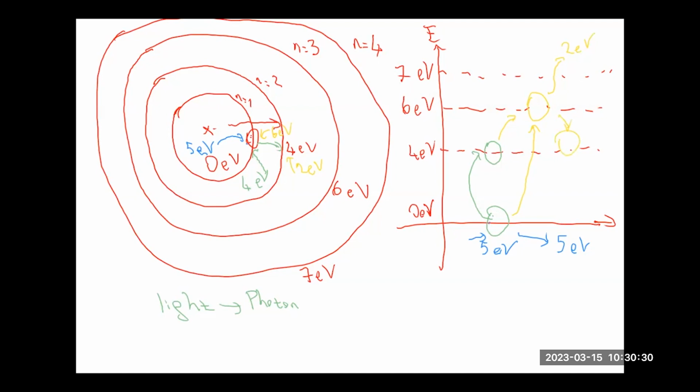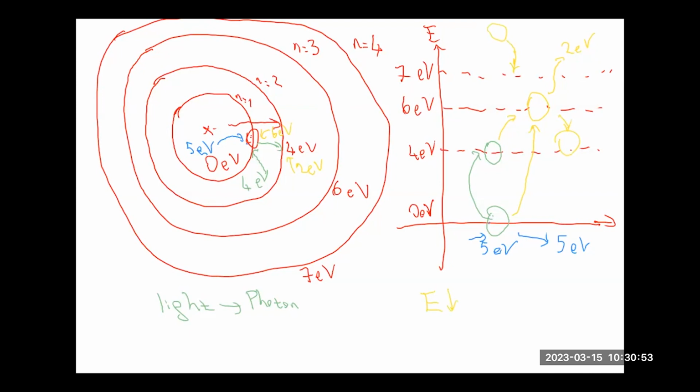The principle is always that they want to occupy the lowest energy states. No matter how far you bring the electron, it will tend to go back to the lower energy levels.